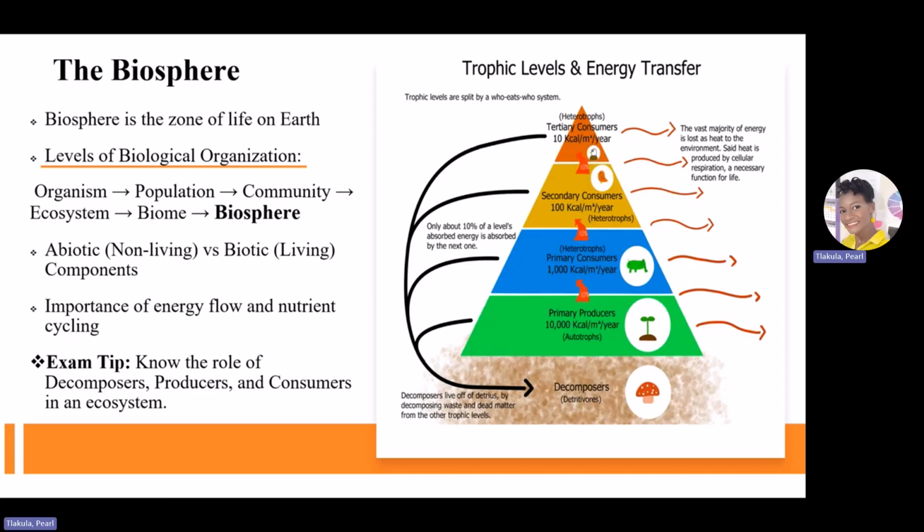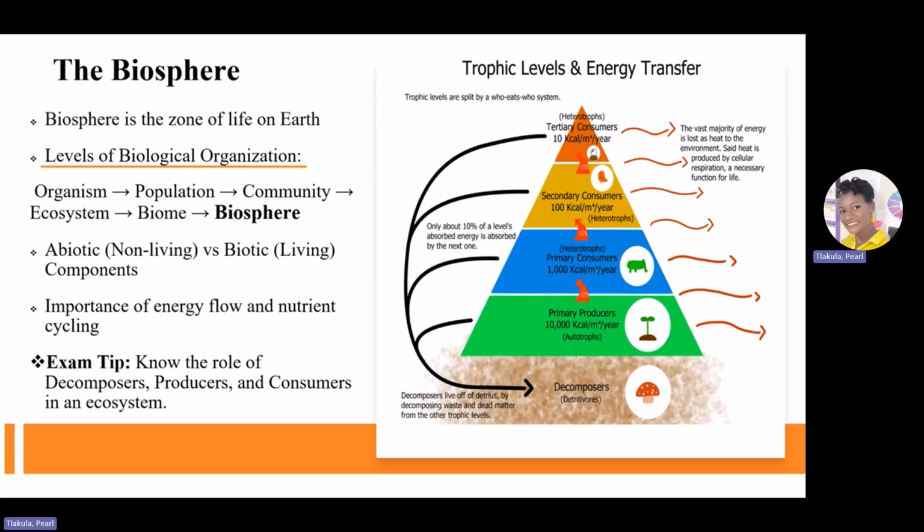So when you study for an exam, you have to know the role of the decomposers, the producers, and the consumers in the ecosystem. For example, on the picture that we have here, your decomposers are very important. These are your microbes that decompose everything and fertilize the ground or the soil so that the primary producers, which are the plants, can grow and be supported by the nutrients in the soil.